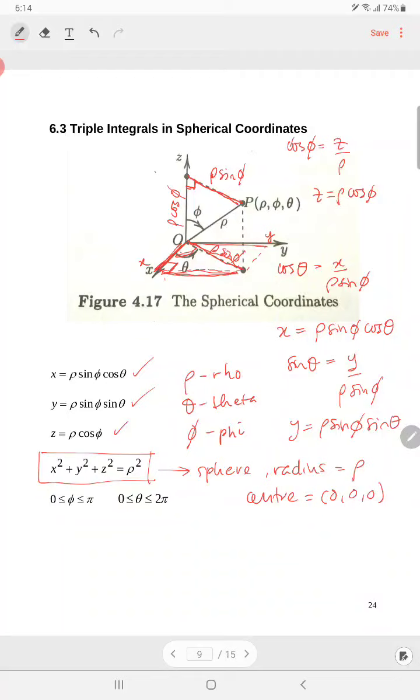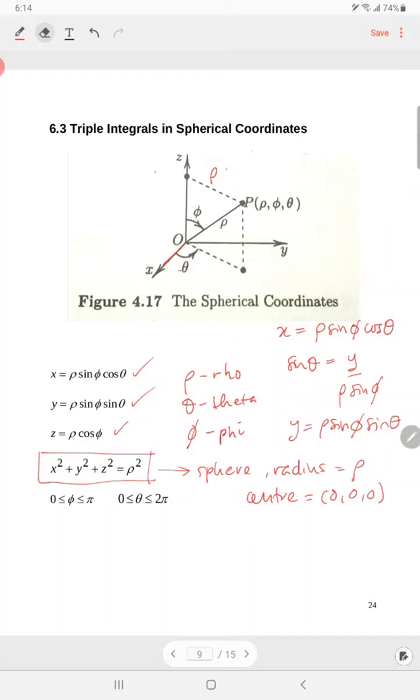All right, so now let's look at how we sketch theta equals a constant, rho equals a constant, and also phi as a constant. Okay, let me erase this, too much there. Let's start with something that you're familiar with, which is theta.